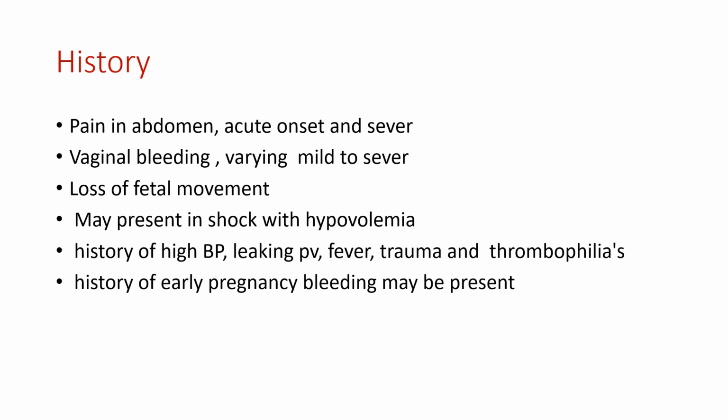There can be a history of high BP because of the risk factors, leaking PV, fever because of infections, trauma, and thrombophilias. A history of early pregnancy bleeding may be present in those cases. So this is a triad of symptoms: pain in the abdomen, vaginal bleeding, and maybe shock, hypovolemia.